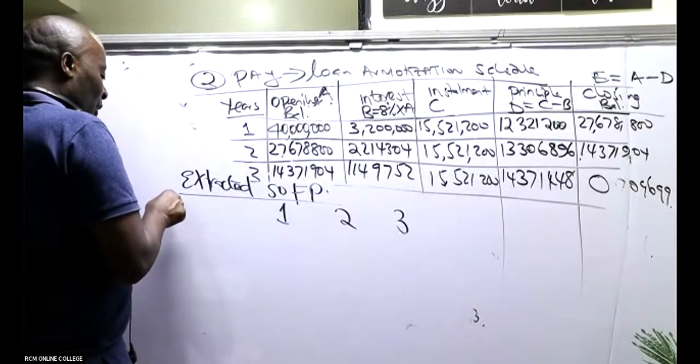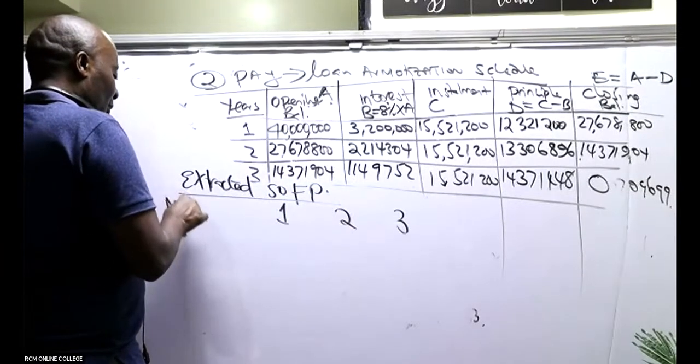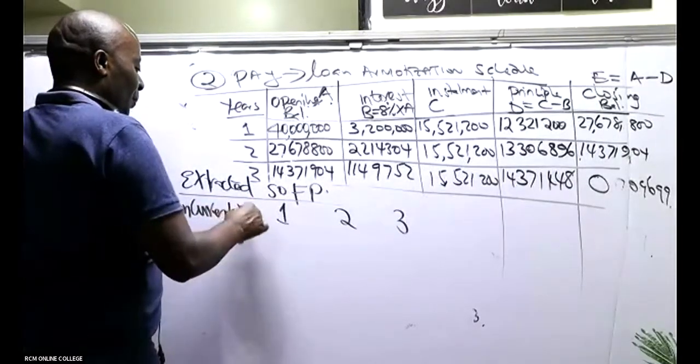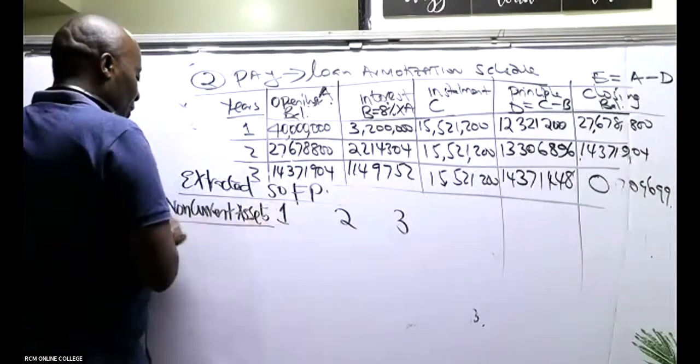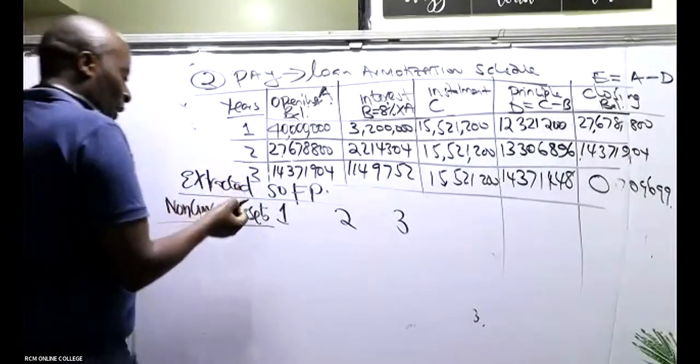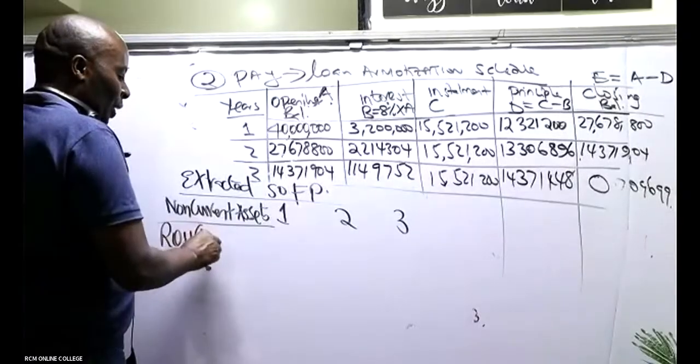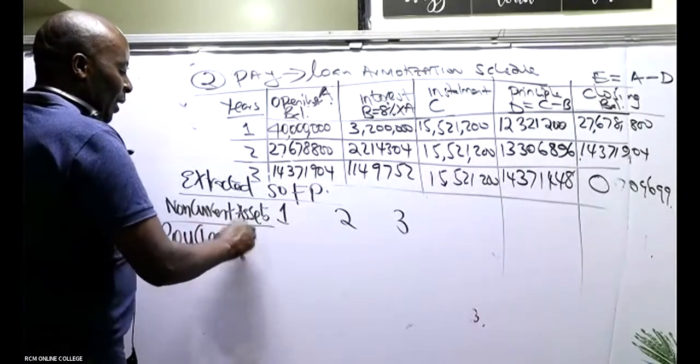First of all, you start with non-current assets. The non-current assets, you shall always begin with this leased asset. We call it ROU, right of use. You can just simply put it there as leased asset.